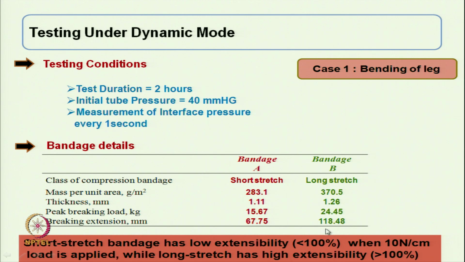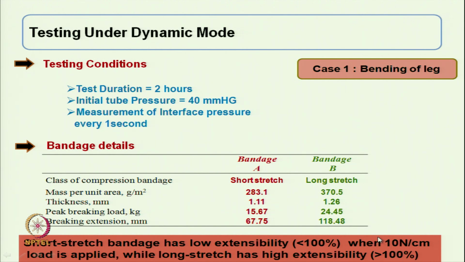Two bandages were taken, one is a short stretch bandage and the other is a long stretch bandage. The short stretch bandages are those where the extensibility is less than 100%, and long stretch bandages are those where extensibility is more than 100%.